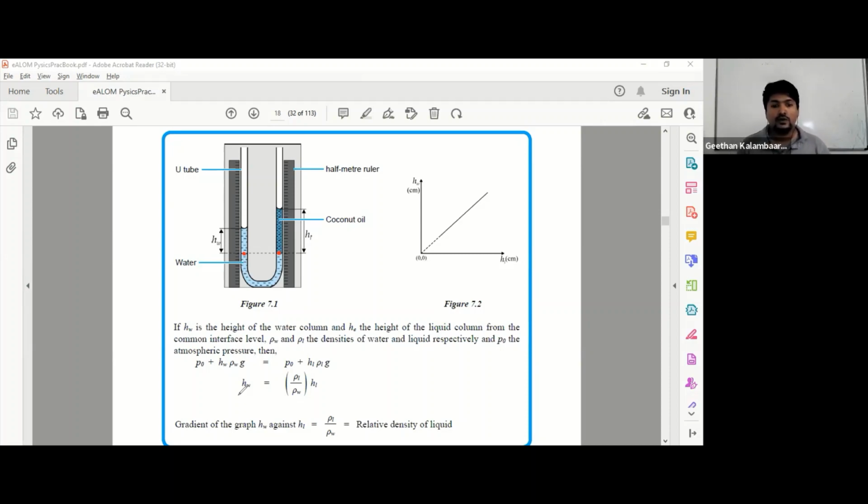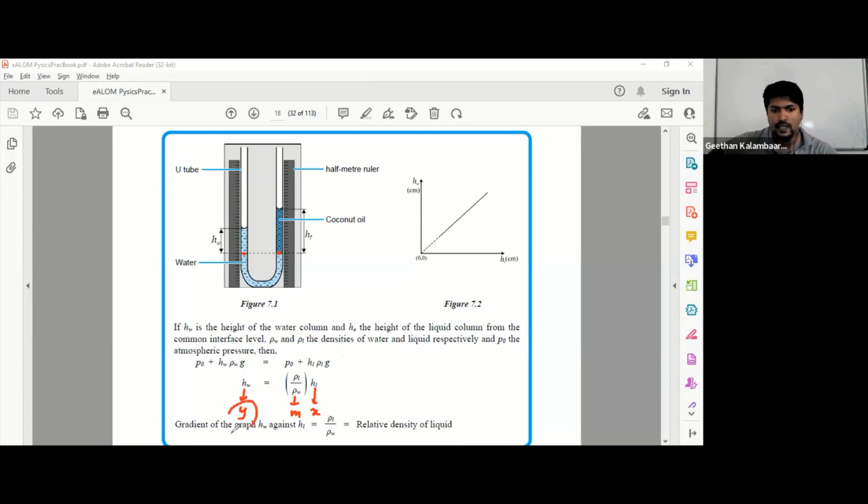We are going to make the equation in a way that you get a y equals mx type of graph. Which is the dependent variable and which is the independent variable? x is the independent variable here, which is the one we are going to change, and y is the dependent variable.